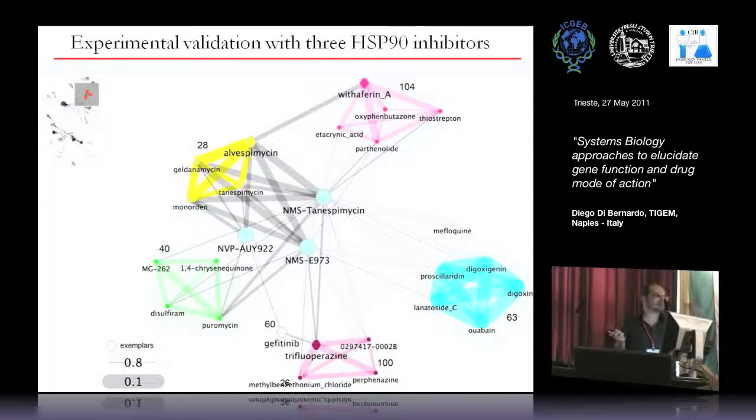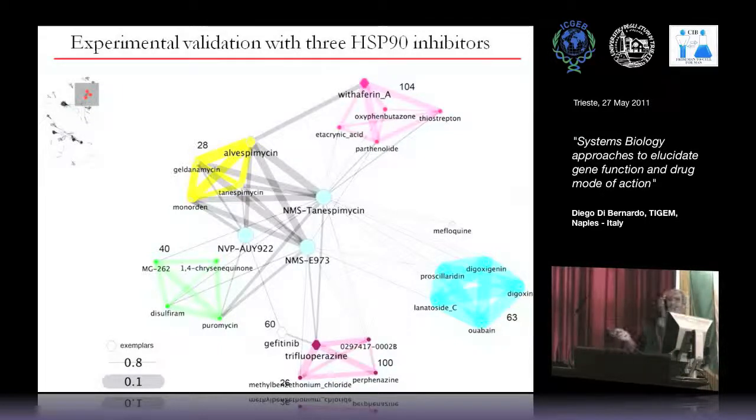They sent us the gene expression profiles following treatment versus control, and it was completely blind. They did not tell us what their drugs were. This was a real blind test, Napoli, Milano, so they didn't trust us.